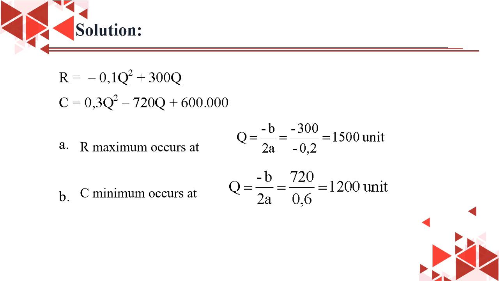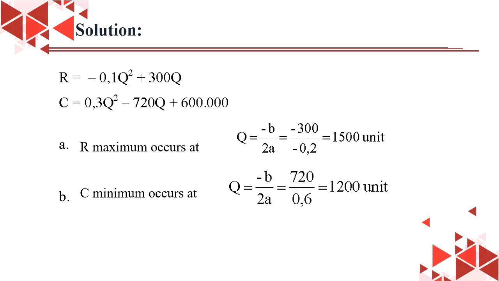Okay, I have written this actually, so I will read the slide. Given that the revenue is minus 0.1q quadrat plus 300q, C is 0.3q quadrat minus 720q plus 600,000.